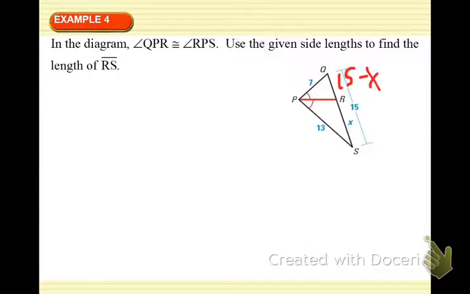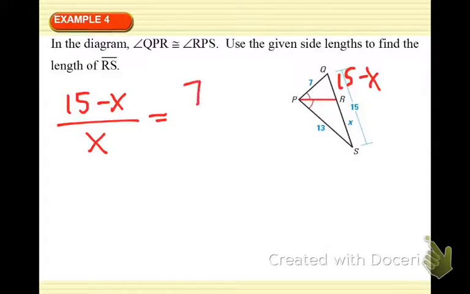All right. Anybody remember from the theorem how I would set this up? What would my proportion look like? Okay, to do my proportion, I would do 15 minus X over X equals 7 over 13. And then we would cross multiply and solve.